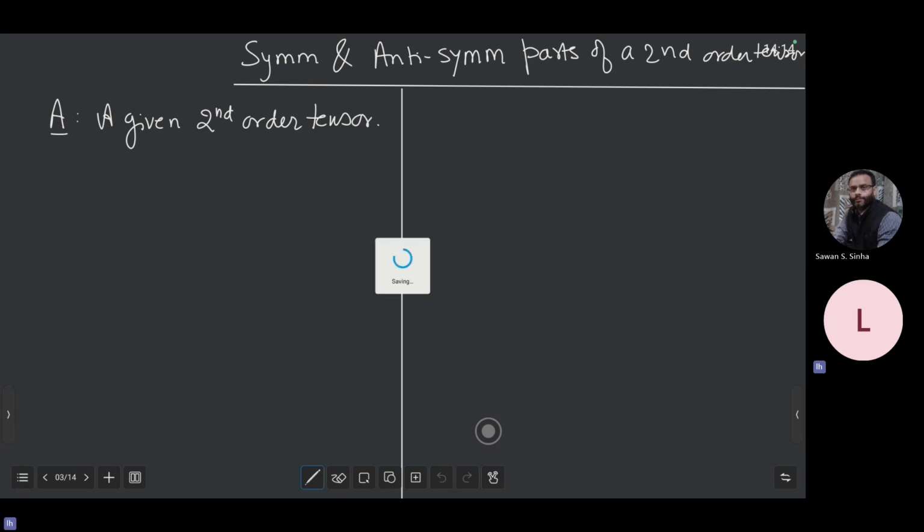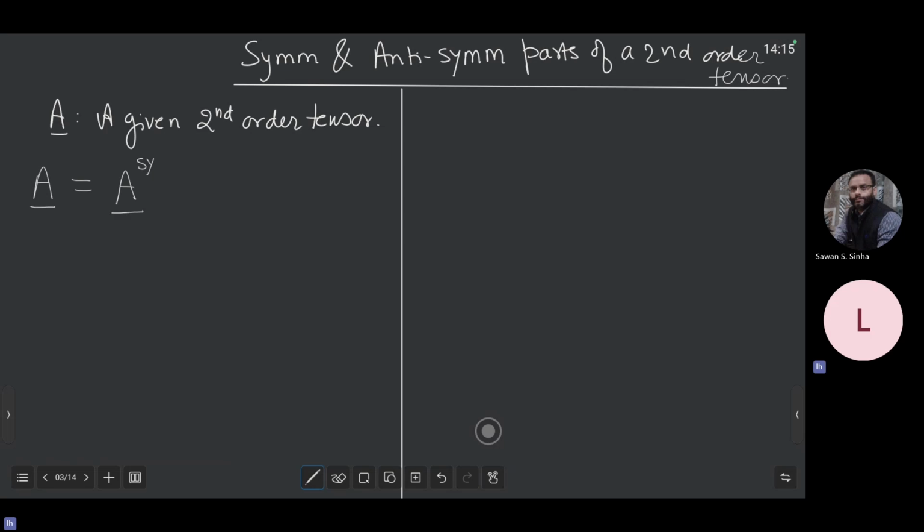Symmetric and anti-symmetric parts of a second order tensor. More definitions. Suppose A is a given second order tensor. I'm not saying it is symmetric. Any second order tensor. We can always split this tensor into two parts.